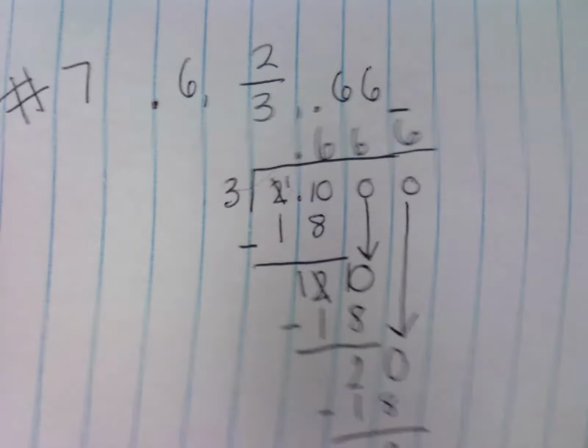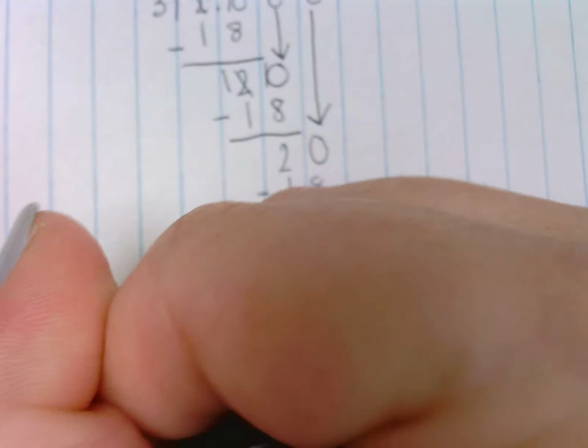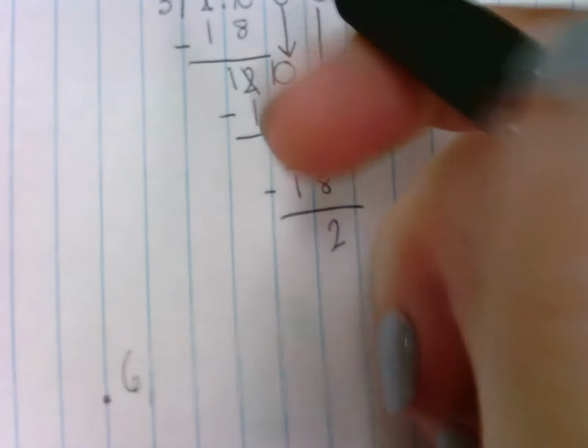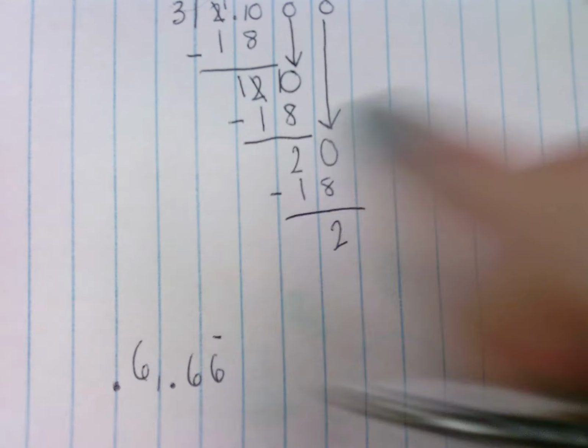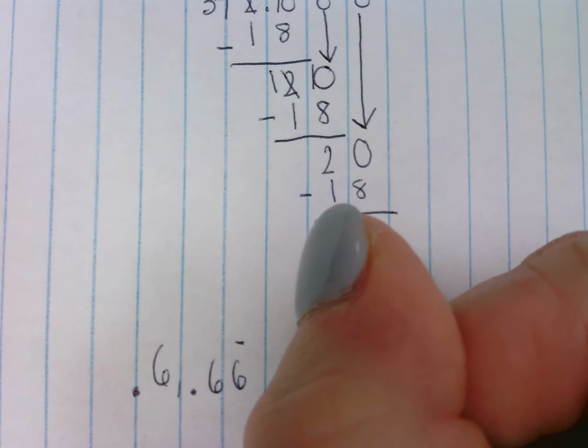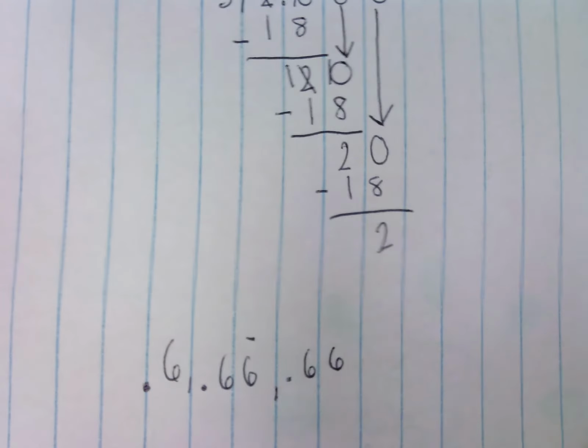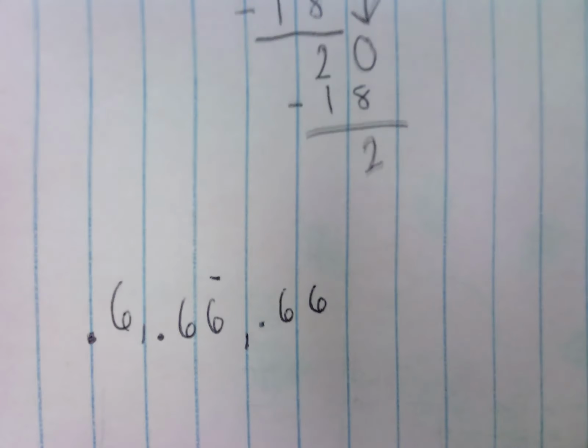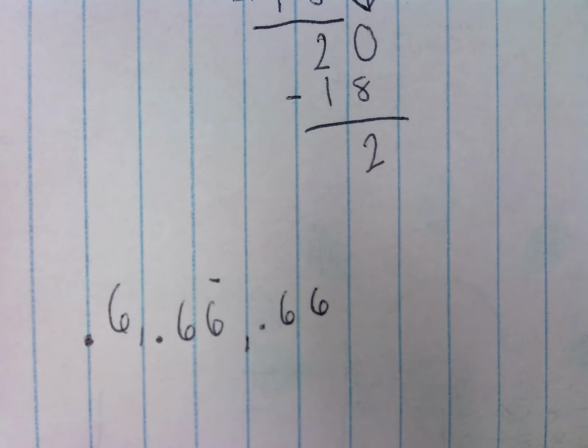So the numbers I am comparing are 0.6. My 2/3 becomes 0.66 repeating. And then my next number is 0.66 not repeating. So these are pretty hard to compare because they look very, very similar.